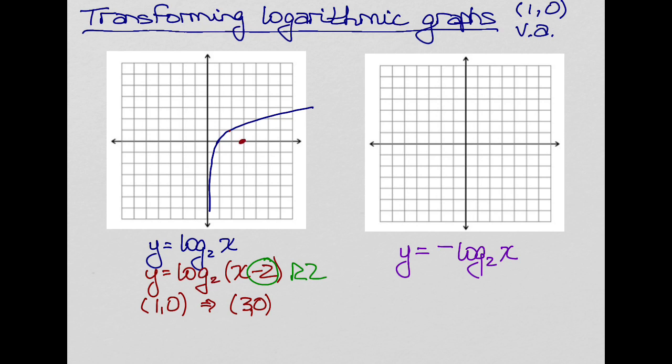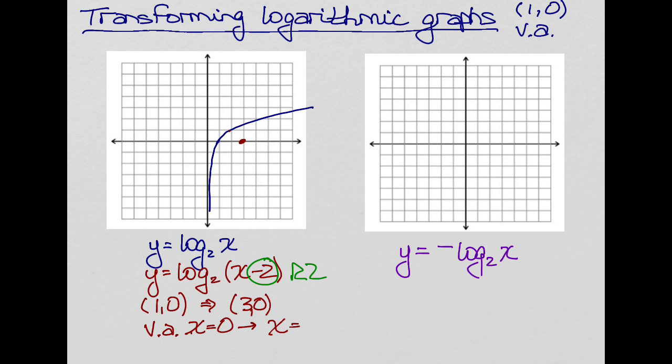If I take a vertical asymptote and move it left or right, I'm going to notice. If I take a vertical asymptote and move it up or down, it was a vertical line. It's still a vertical line, hasn't changed. But if I move it left or right, then I can tell. It started out as the y-axis, x equals 0, and the whole thing's going to move 2 to the right.